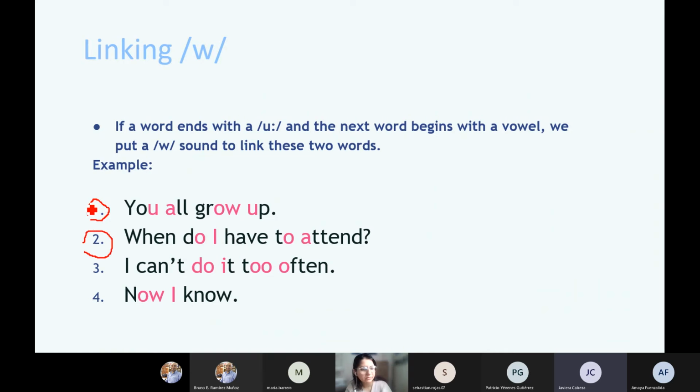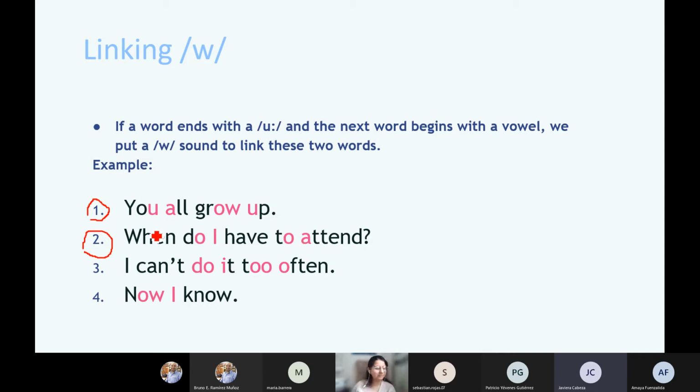Patricio? Yes. Can you pronounce the first two examples, please? Okay. You all grew up, and when do I have to attend?